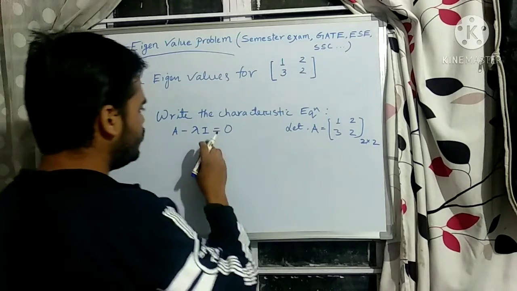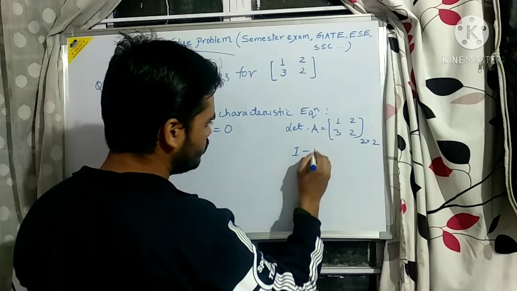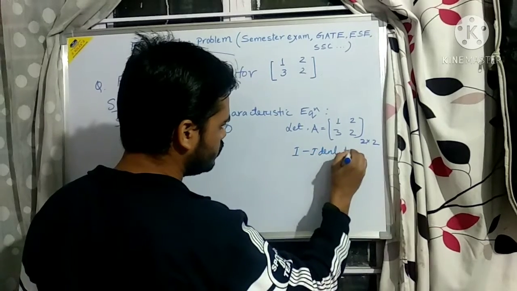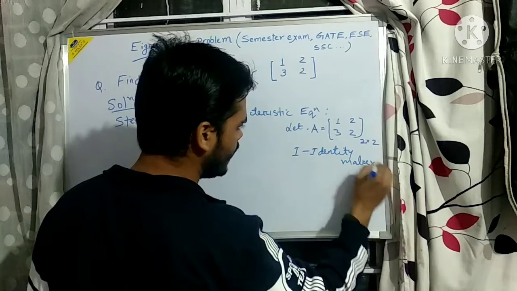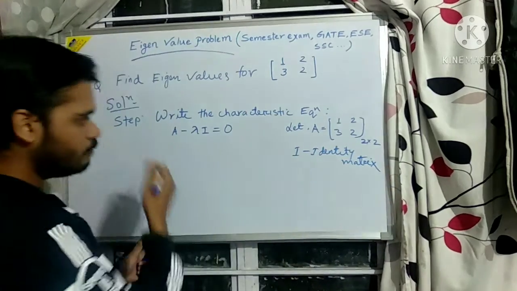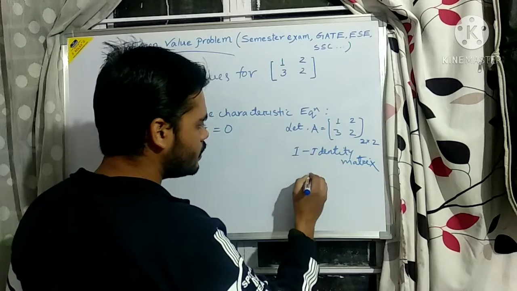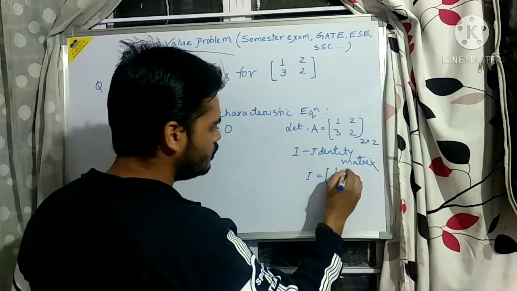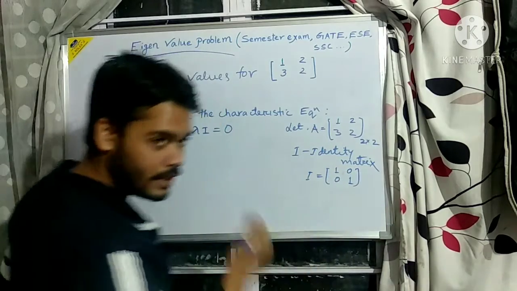Okay, and what is I? I is the identity matrix. I stand for identity matrix. I hope you know these things. And for a 2 by 2 matrix, the identity matrix is given by 1 0 0 1, right?